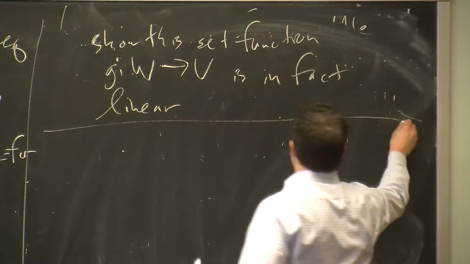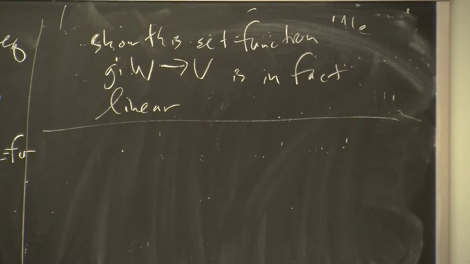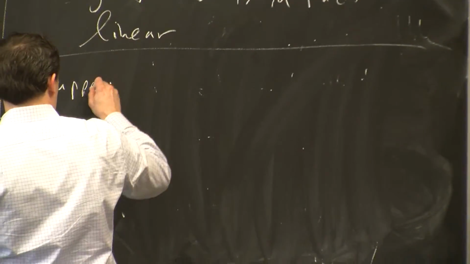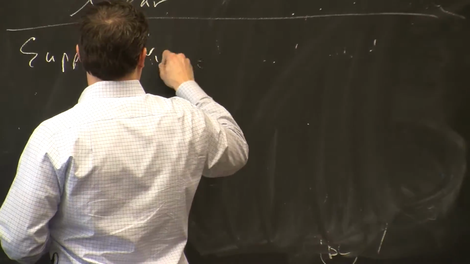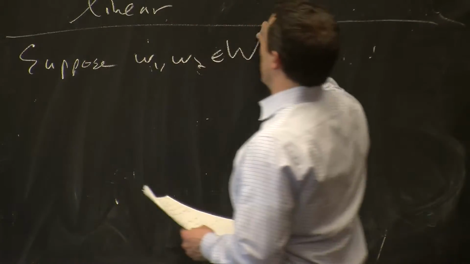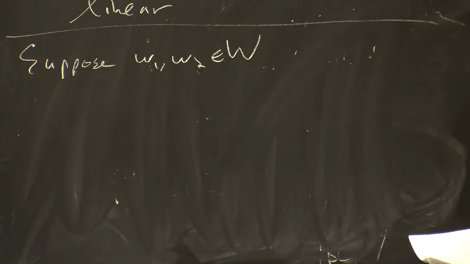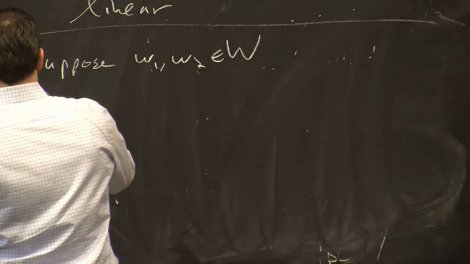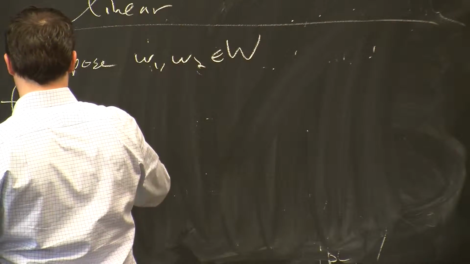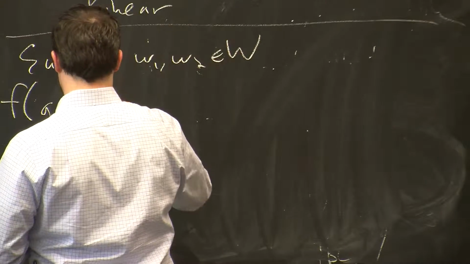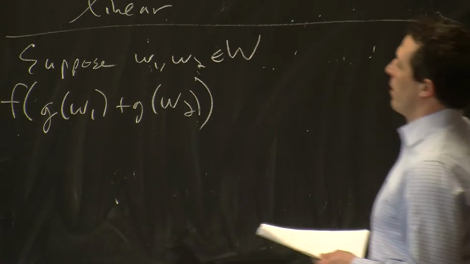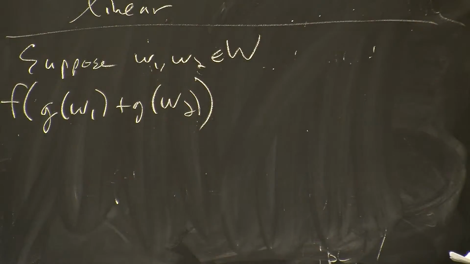Okay, so to check it's linear, we want to check that it respects addition and it respects scalar multiplication. So suppose I have two vectors, W1 and W2, in W. Then F of G of W1 plus G of W2. So we're going to use the properties of G and F to prove linearity.